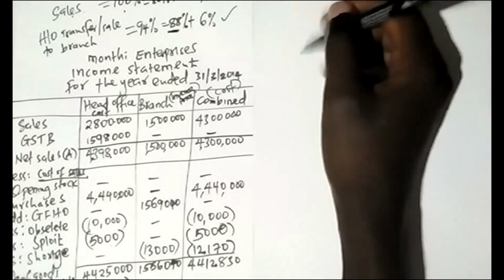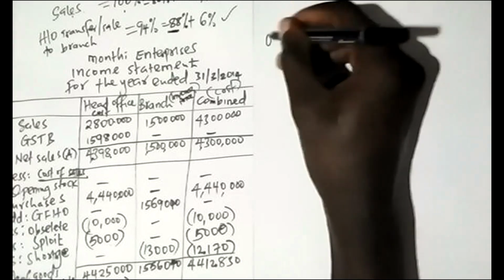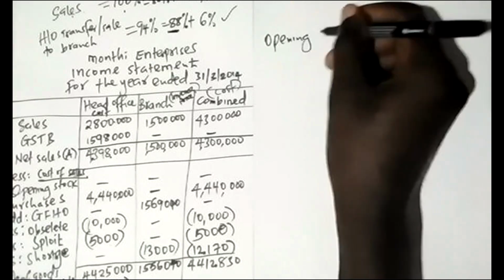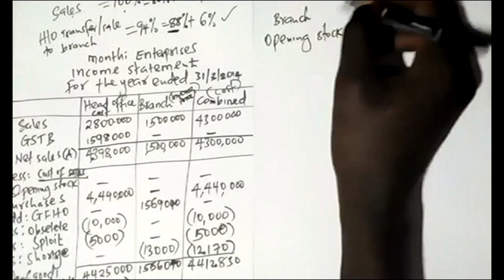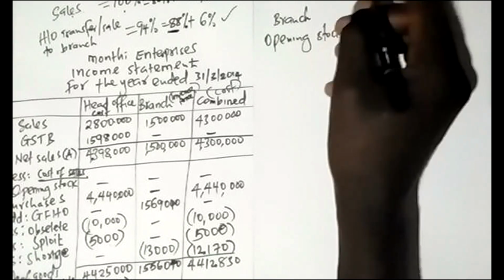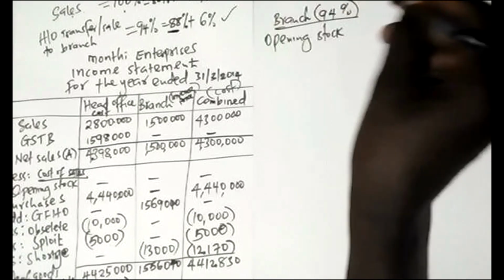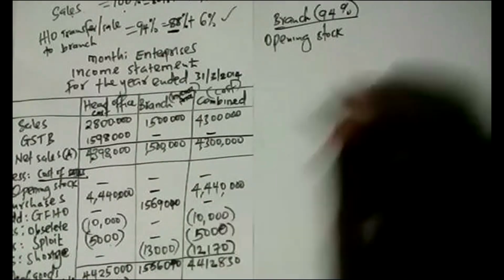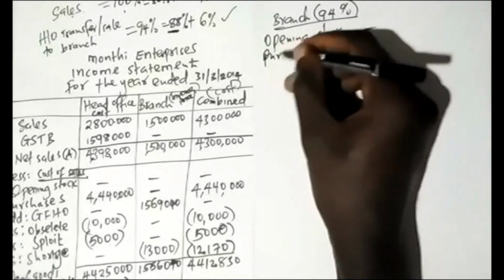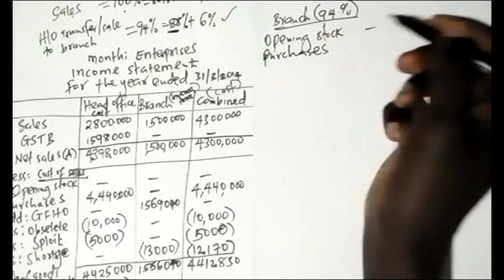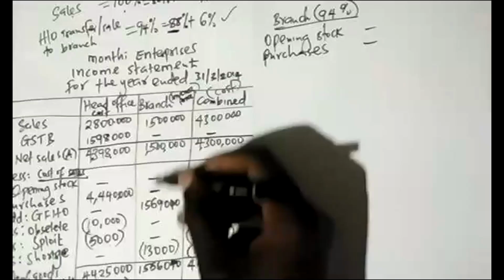So with the same formula, in this case, we have to start with opening stock. So this I'm doing for the branch. Remember that it's supposed to be maintained at 94% because goods are sent to the branch at 94. So opening stock is not there. Then we have purchases. So purchases of the branch, we have nothing. You can see even from this column.